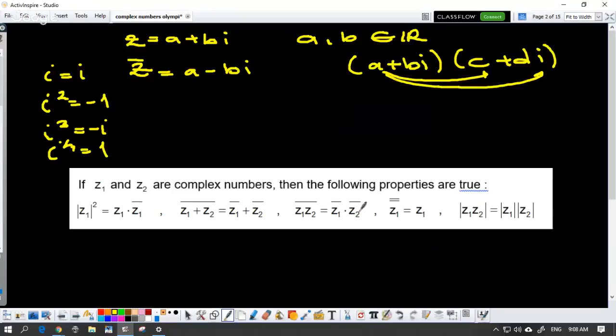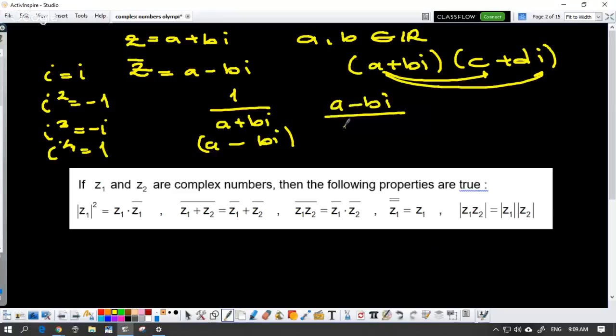Especially we are going to use these properties in our solutions. Then division: if there is a term like a plus bi, we were multiplying by the conjugate a minus bi to get the denominator a real number, and the result becomes like this: a minus bi over a square plus b square.